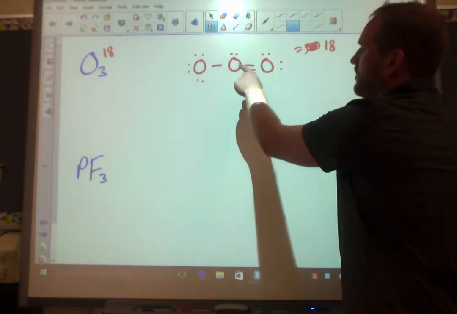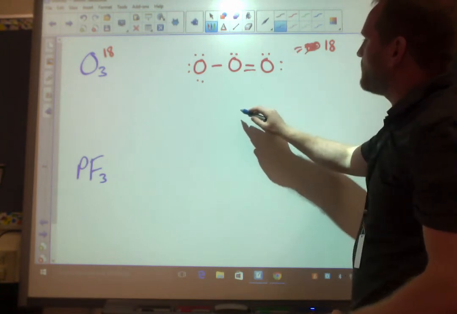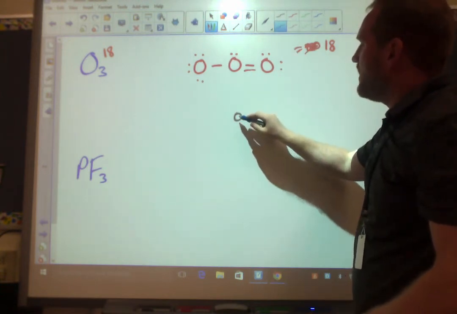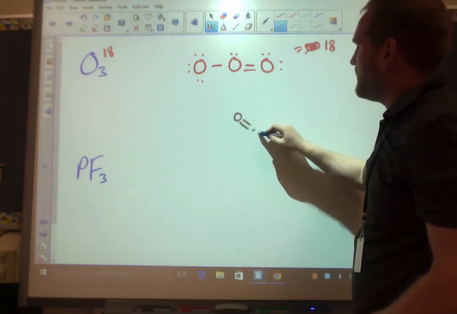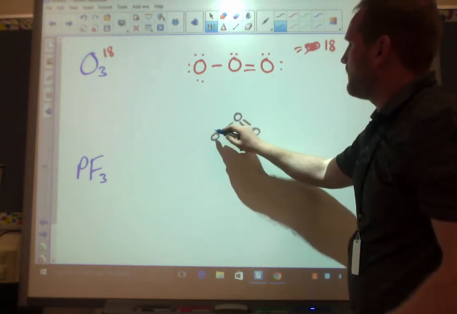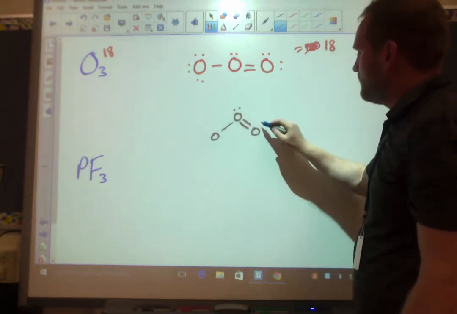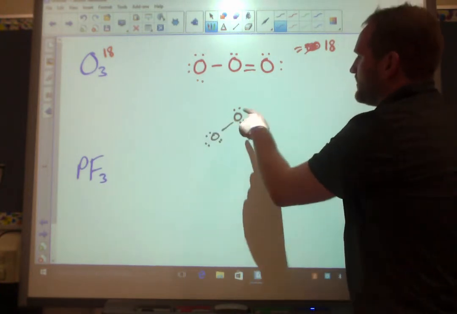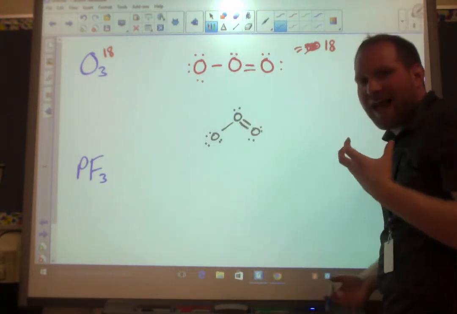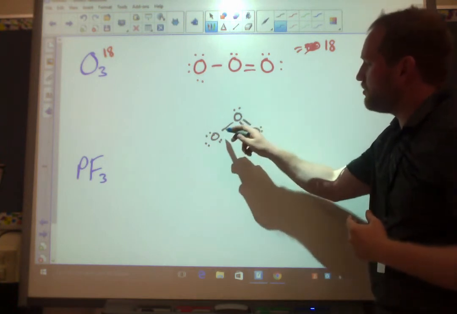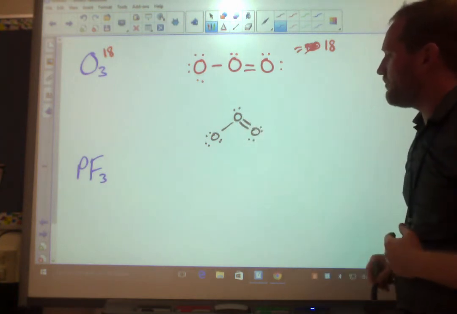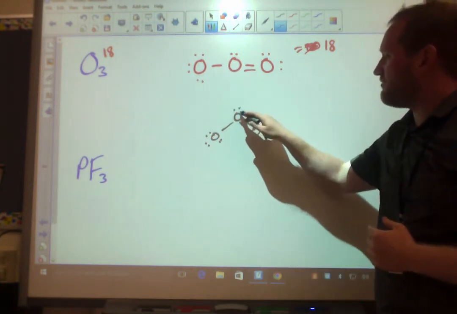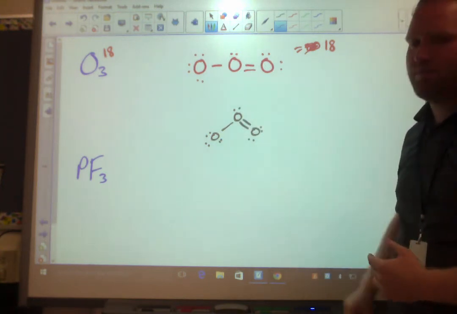So really, this central O has 3 bonding regions, so you can even rewrite this if you want to be more correct like this. And then we could add the lone dots here. Notice the lone pair counts as an electron region, so it's going to push these down in this shape. Now, you don't actually see that in real life sticking out, so we call this shape bent.